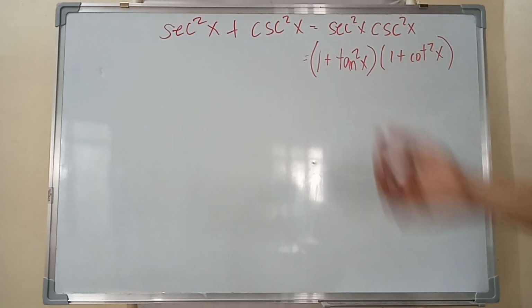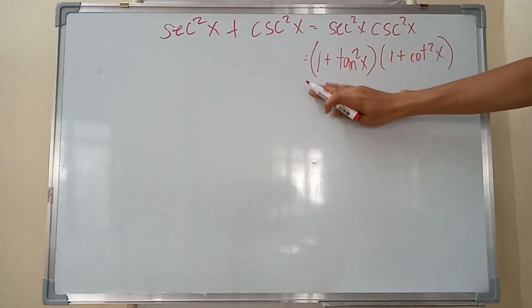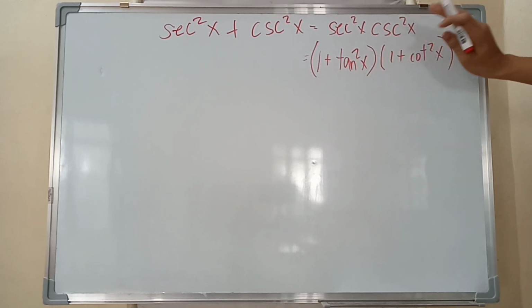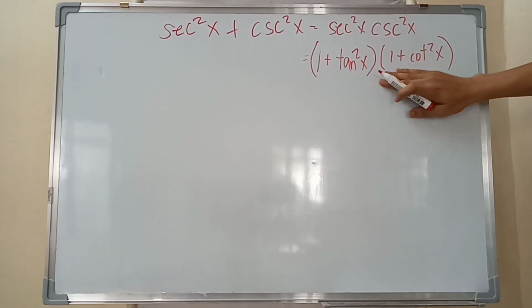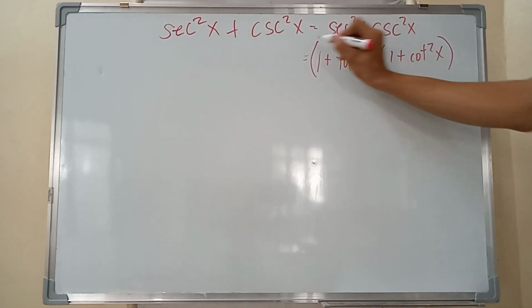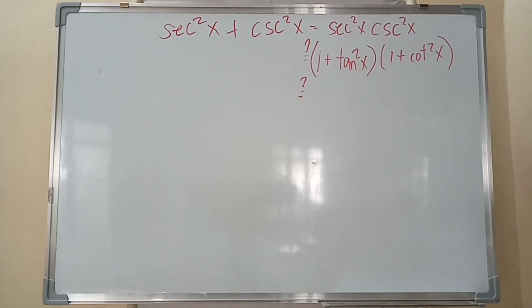Kasi nga, kung babalikan natin yung Pythagorean identities, ang secant squared x is equal to 1 plus tangent squared x. And cosecant squared x is equal to 1 plus cotangent squared x. So, equal nga ba?